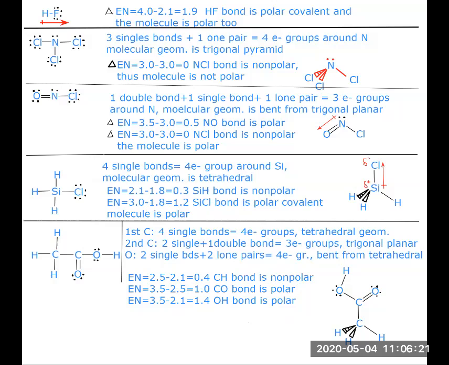Okay, CO bond is polar and it's polar towards oxygen. Oxygen has a value of 3.5 for the electronegativity, and that's pretty large. So that's going to be a delta minus here, and that's going to be a delta plus on that second carbon here, right? So the electrons are pulled towards oxygen, and then that CO bond is the same. It's polar towards the oxygen. So there's also a delta negative on that other oxygen.